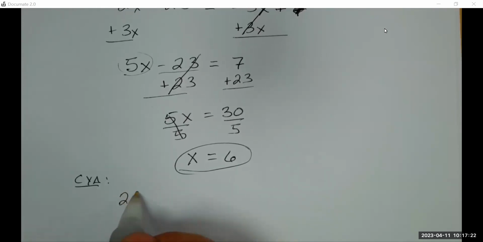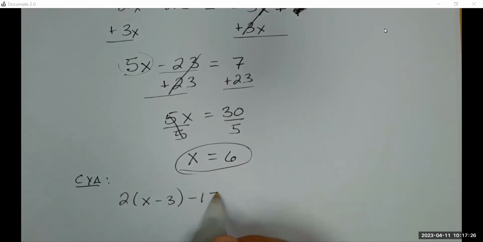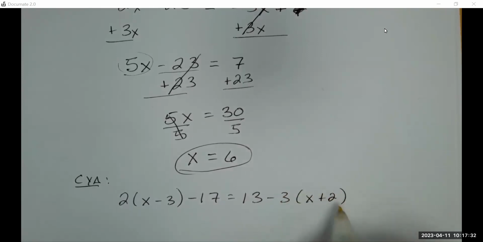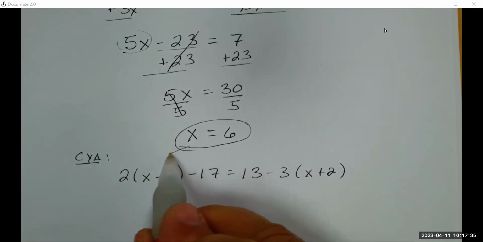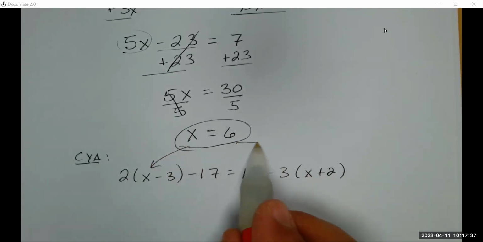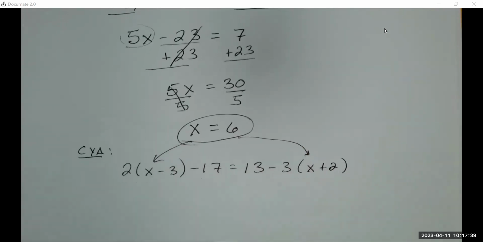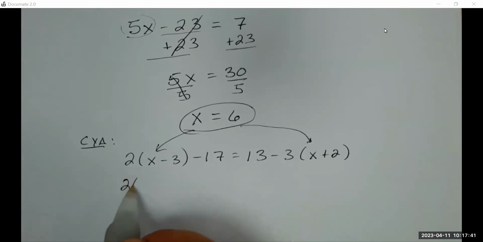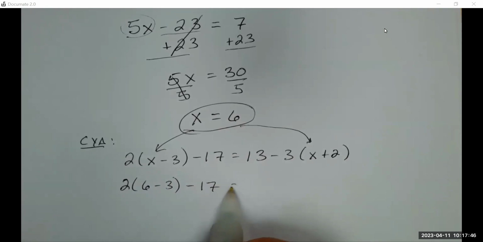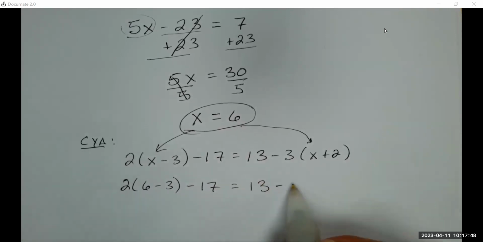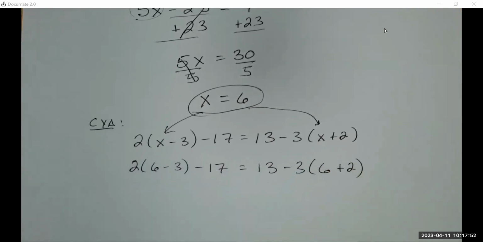So now I'm going to check my answer. Go back to the original equation. And anywhere I see an x, I put a 6. So we have 2 times 6 minus 3, and 6 plus 2.